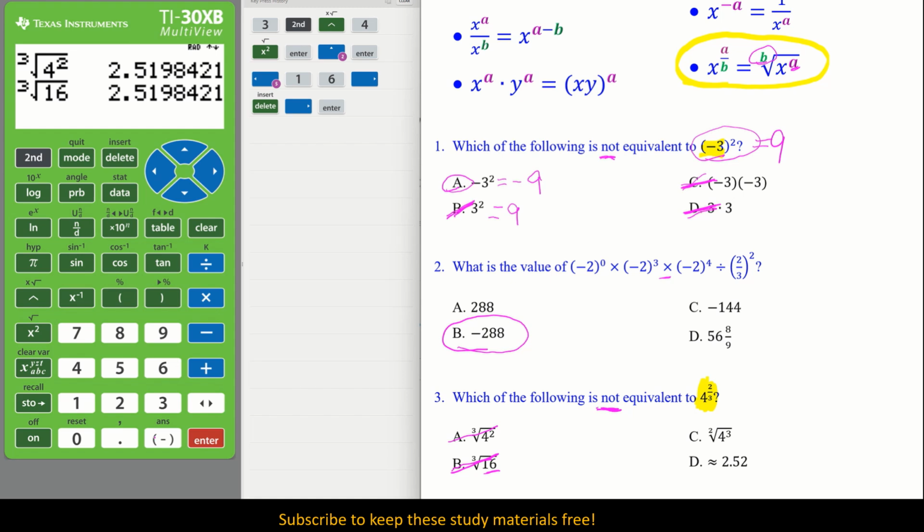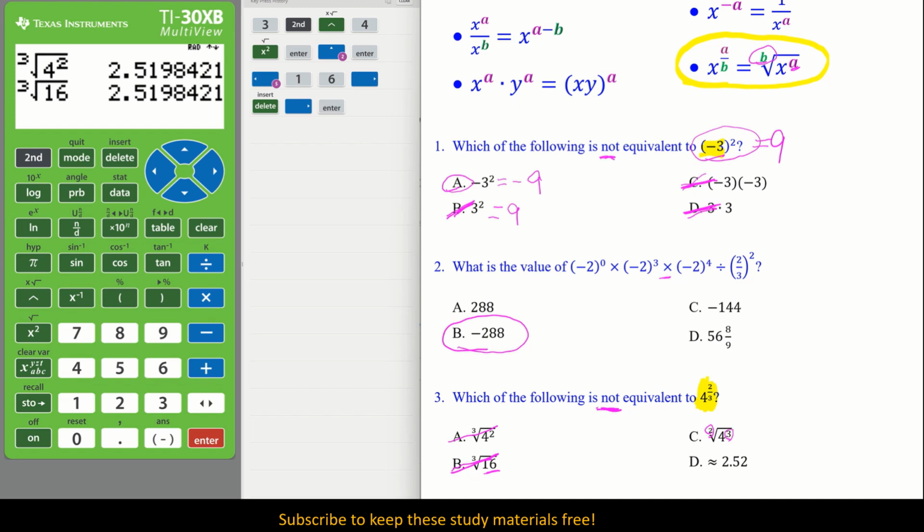Now let's take a look at C. C is very suspicious. Looks like it has the fraction flipped over, a reciprocal. Instead of the 3, I have a 2 here, and then instead of the 2, I have 3.